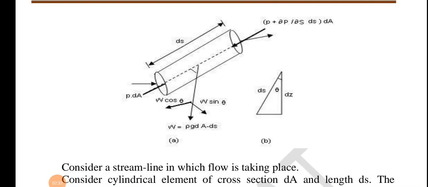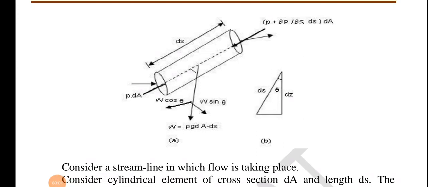Now if we talk about gravity force, then gravity force will be due to the weight of the stream tube or weight of the element. So for weight, we have to multiply the density with the volume, and that is written as W equal to rho g into dA into ds, that is density multiplied by gravitational acceleration into dA into ds, that is area and the length of the stream tube.